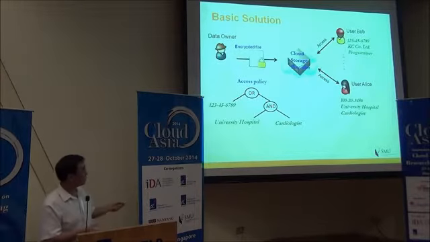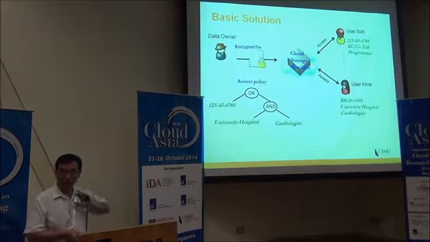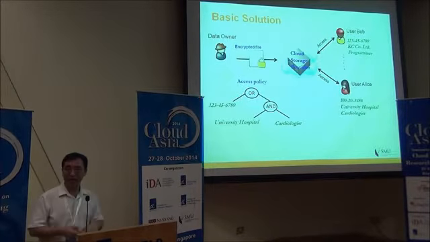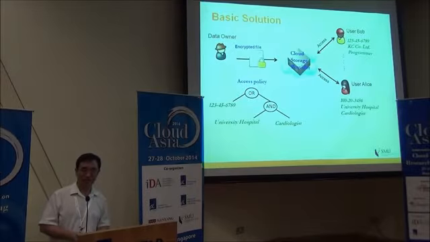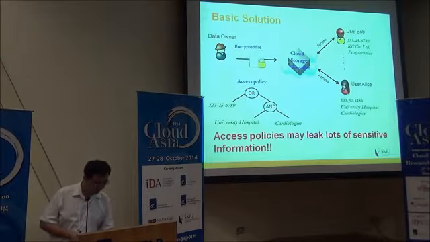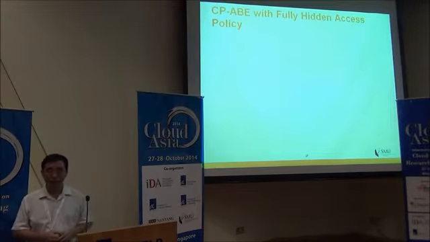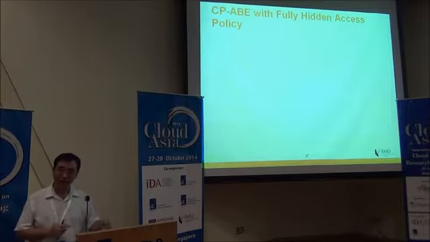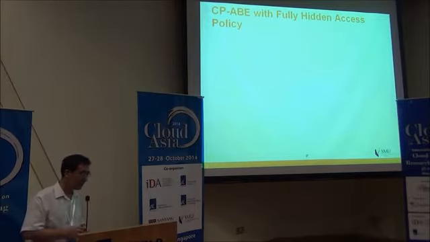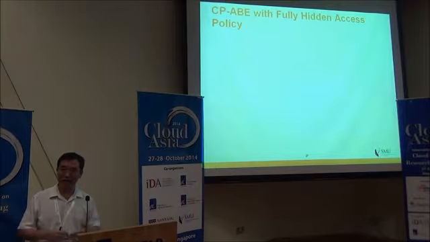Right? Because this is a heart doctor. So the access policy, data encrypted, access policy not protected, leaks a lot of information. That defeats our purpose. Then the question is, can we hide our access policy?